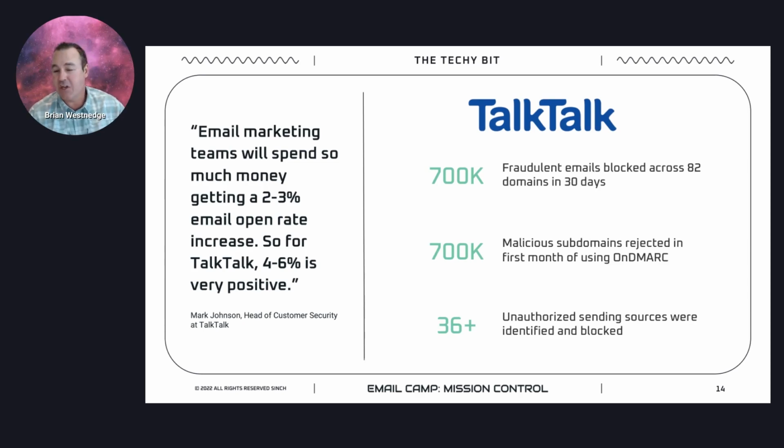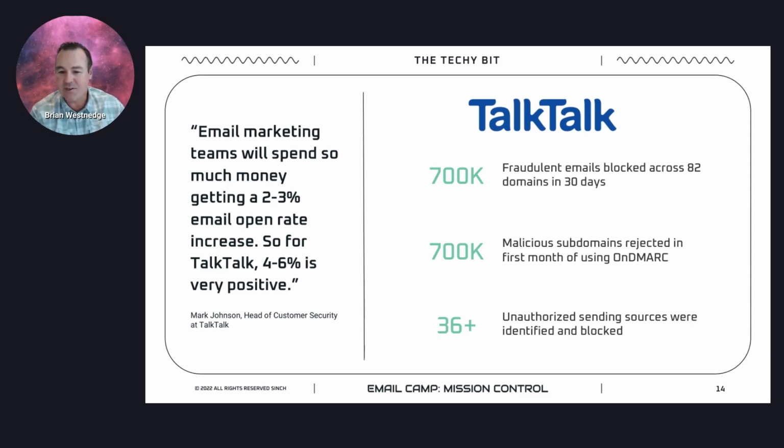I mentioned there's not a ton of case studies yet around BIMI and VMCs. We did have one from TalkTalk, a UK mobile company that we work with. They started with DMARC and were heavily spoofed, with both their brand and domains targeted. By implementing DMARC, they blocked hundreds of thousands of malicious mails, both from the top level domain and various fake subdomains that fraudsters were using.